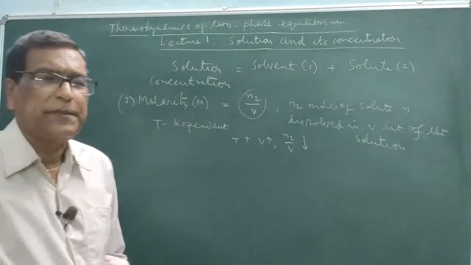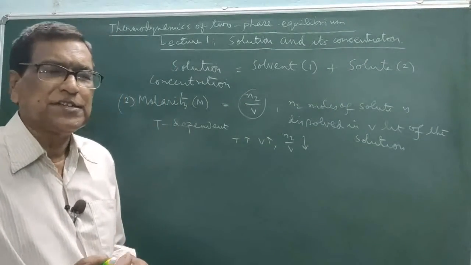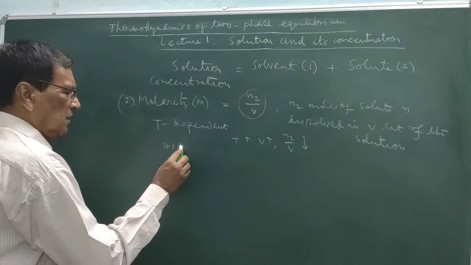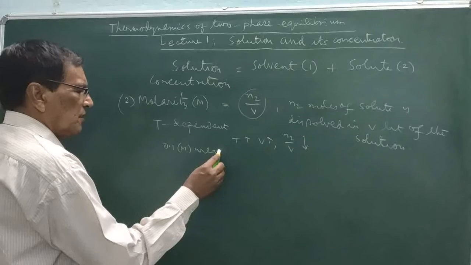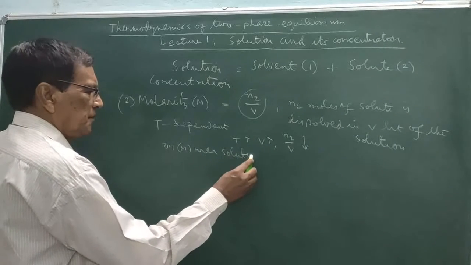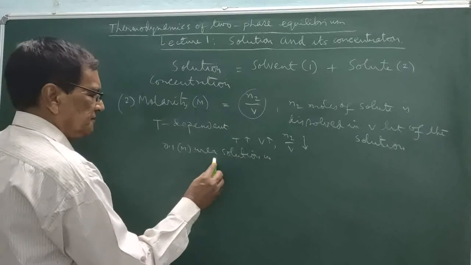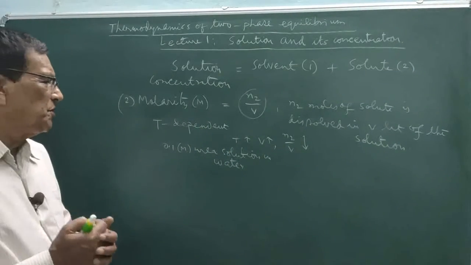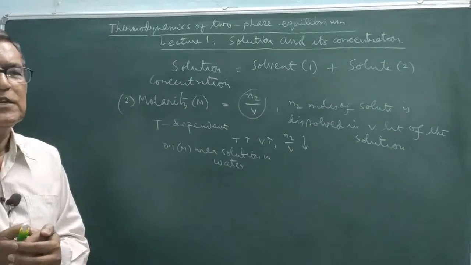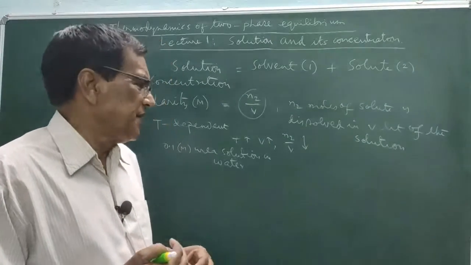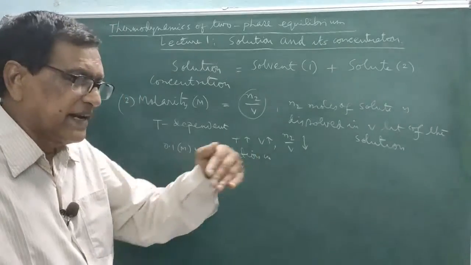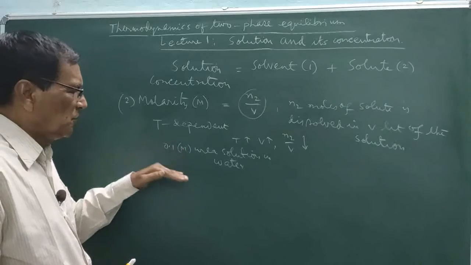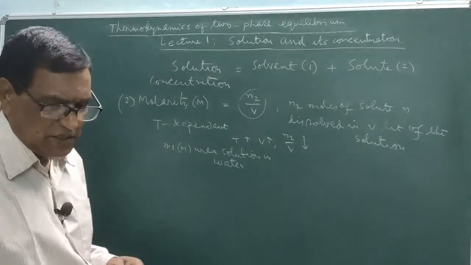Suppose you are preparing today at 25 degrees centigrade the 0.1 mole urea solution in water in your laboratory, and tomorrow you see the temperature is raised to say 30 degrees centigrade. So this solution at 30 degrees centigrade will no longer be 0.1 molar, it will be less than 0.1 molar concentration.